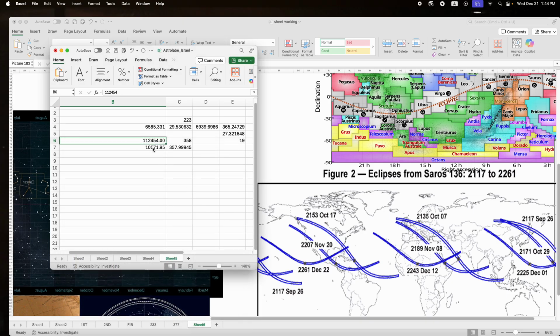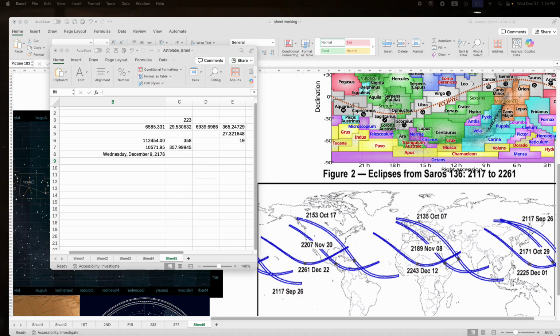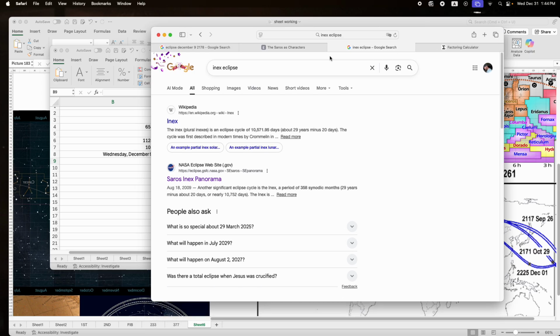We're going to subtract this number of days from that, so equals this minus this number of days, and that's going to tell us Wednesday, December 9th, 2178.